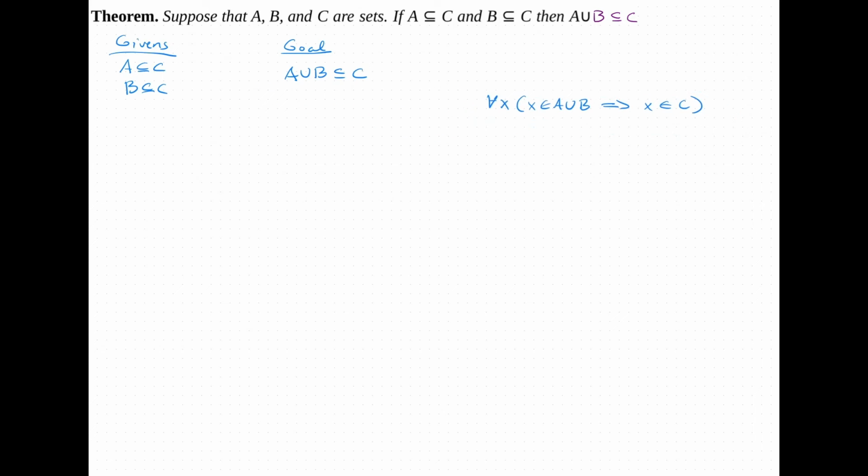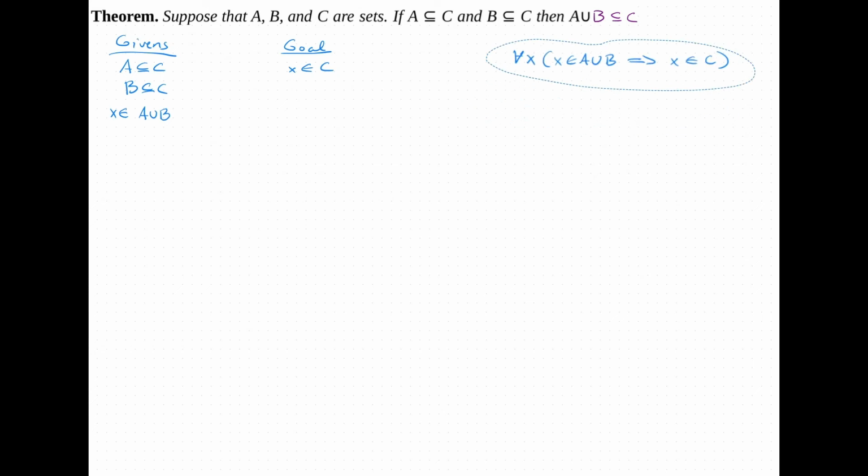Since what we want to prove is an implication, we just have to take some arbitrary element x in the union of A and B and show that x itself is in C. And so we can replace the goal with just x is in C. And so that's what we want to do.